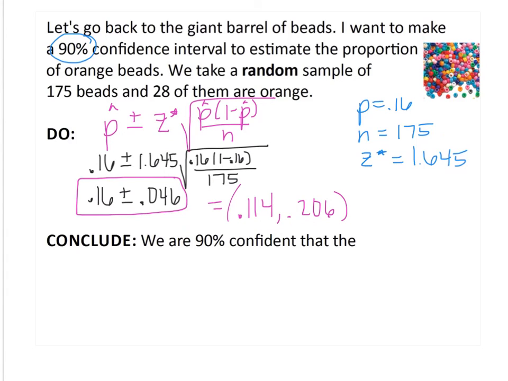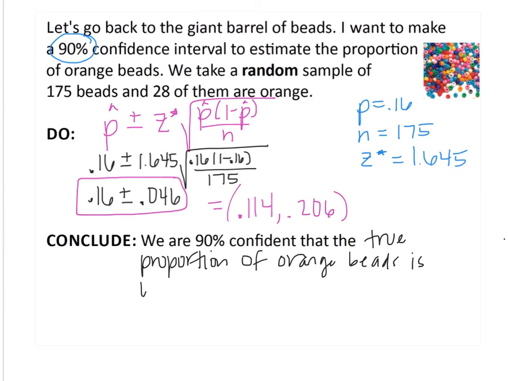Well, if I want to write this in a conclusion, we would say we are 90% confident that the true proportion of orange beads is within the interval of 0.114 to 0.206.